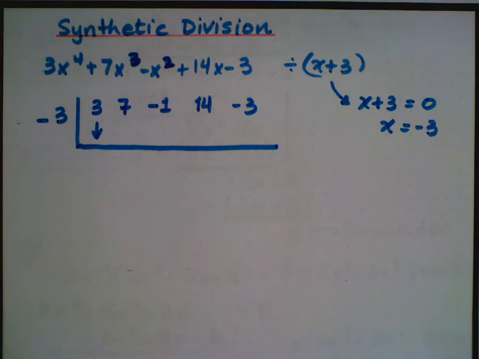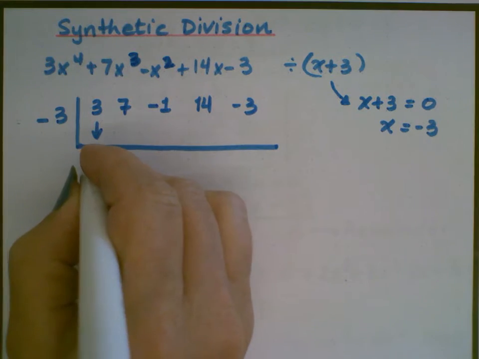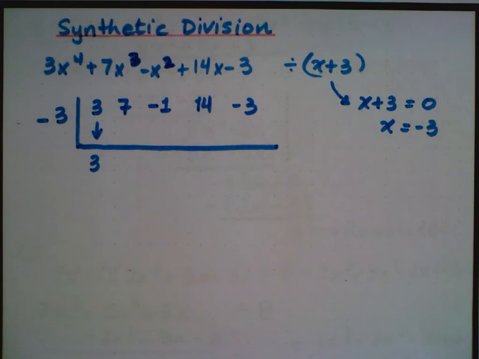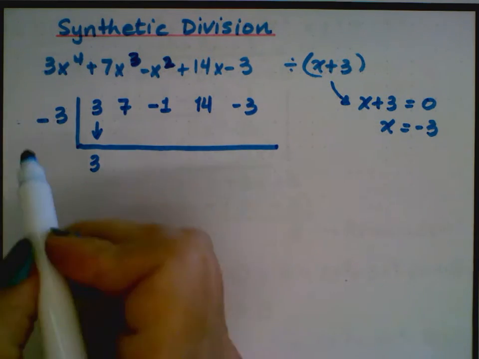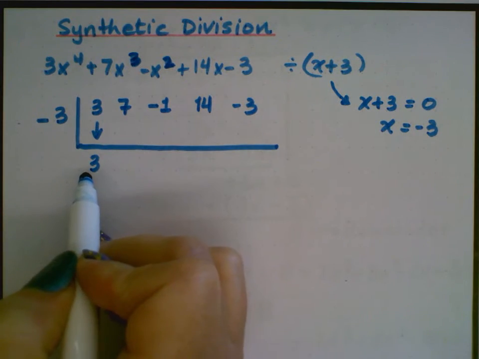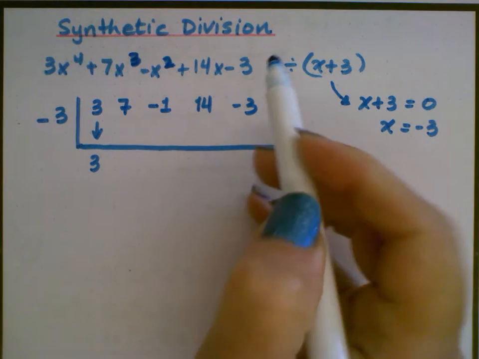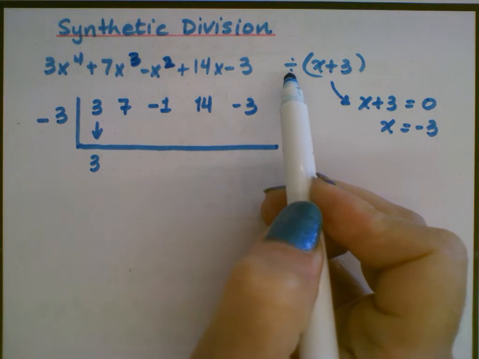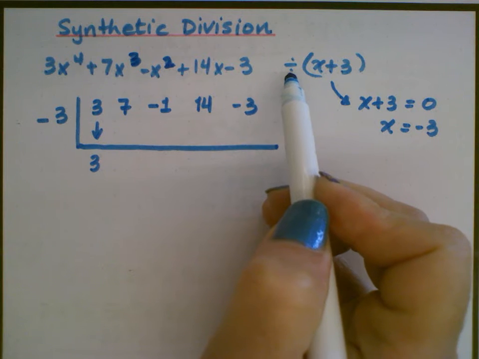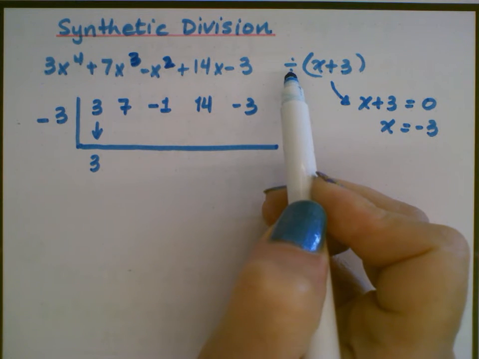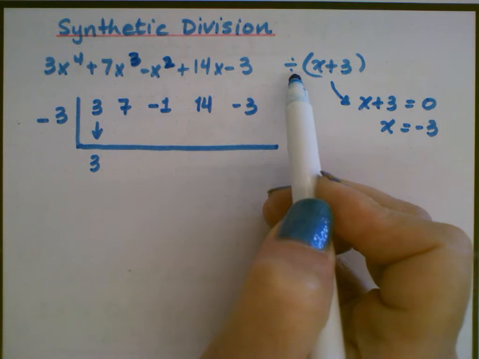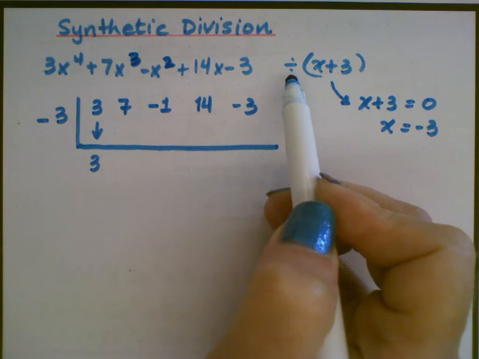Now, the first one is just going to drop down as is. Next step is to multiply. So even though this problem says we're going to be doing a division, what's nice about synthetic division is that it flips it on its head, and we're going to be doing multiplications and additions, which I hope you agree with me are simpler to do in your head than divisions.